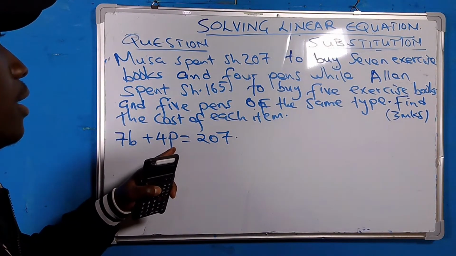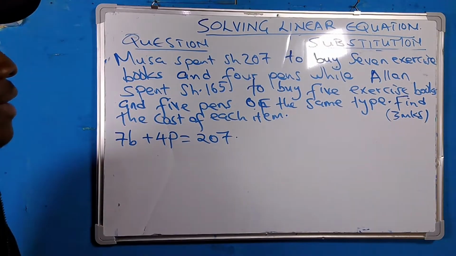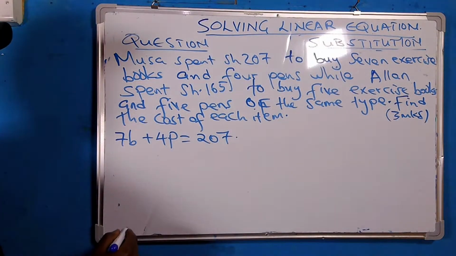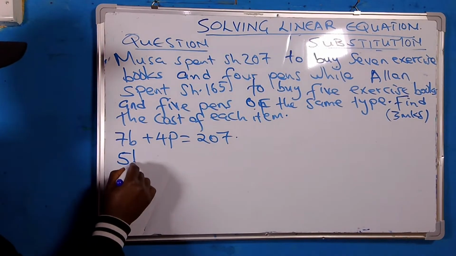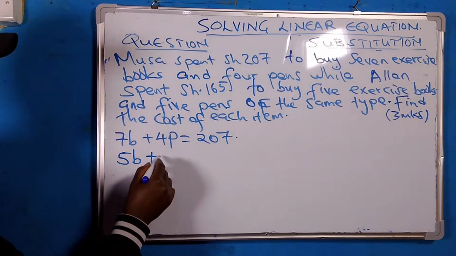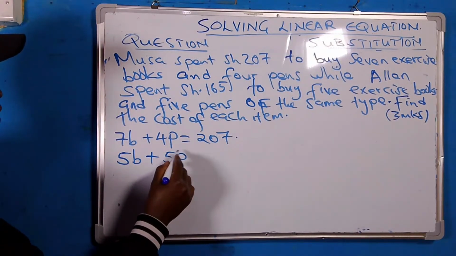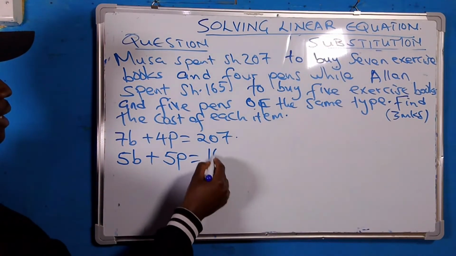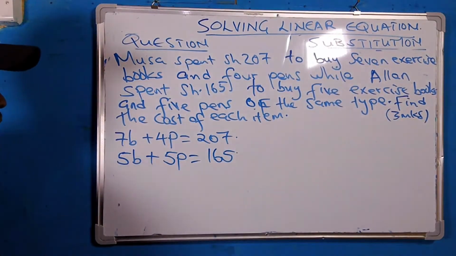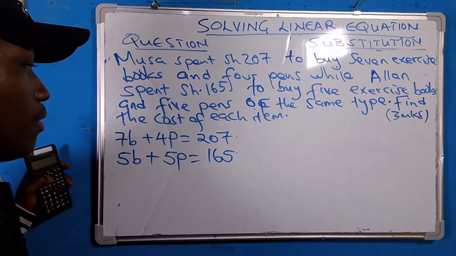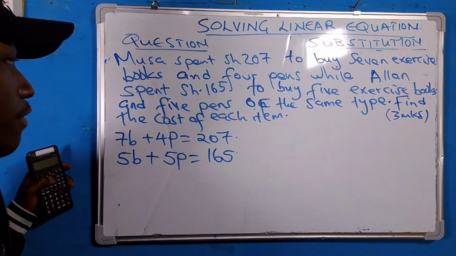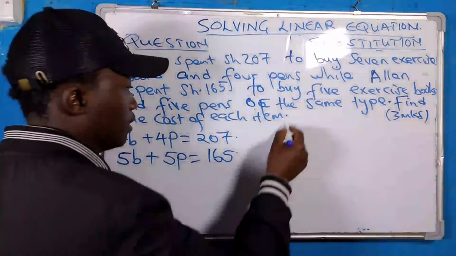While Alan spent 165 shillings to buy 5 exercise books and 5 pens. So in this question, we are being told to answer using substitution. Find the cost of each item.